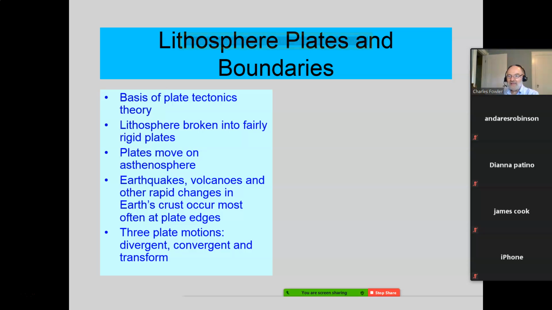There are three plate motions: divergent plates where they move further apart, convergent plates where they crash together. Now this is extreme. They move so slowly, there's no real crashing. Divergent is where they're getting slightly more apart.